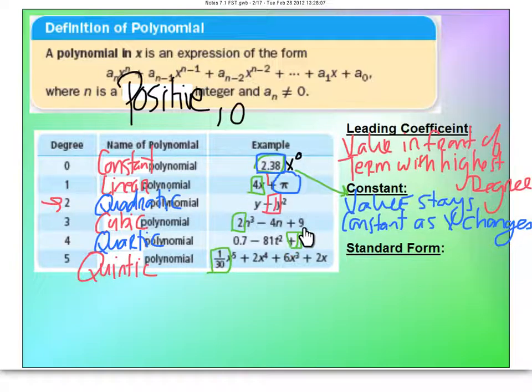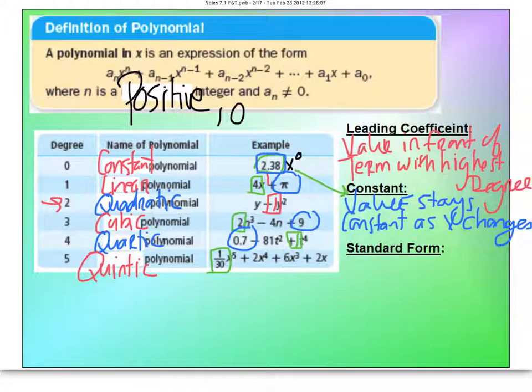For the cubic, the constant is the number 9. For the quartic, the constant number is 0.7. And for the quintic, again, there is no constant number because every term in here has an x value. So all 4 of these terms will change as the x values change, and there is no constant.